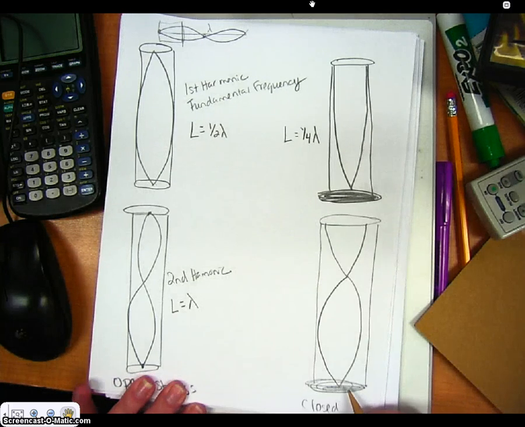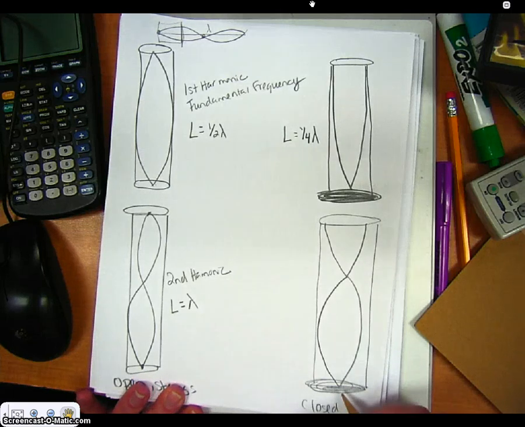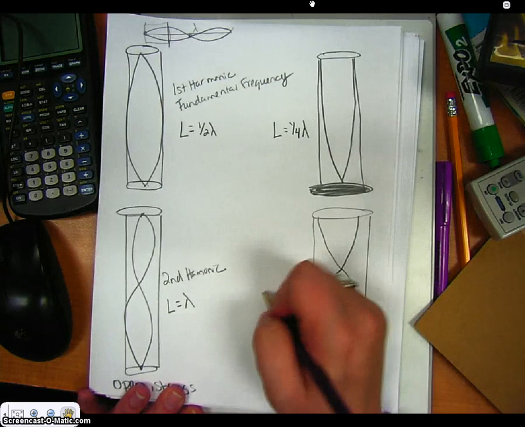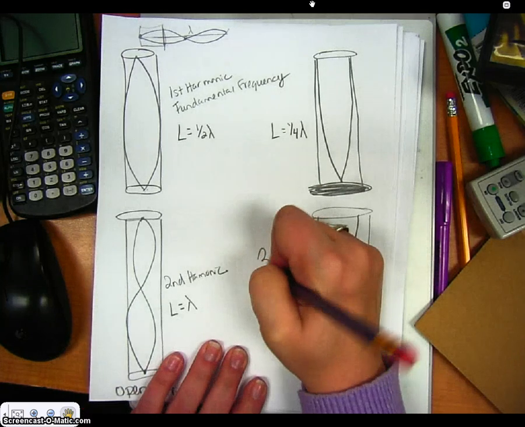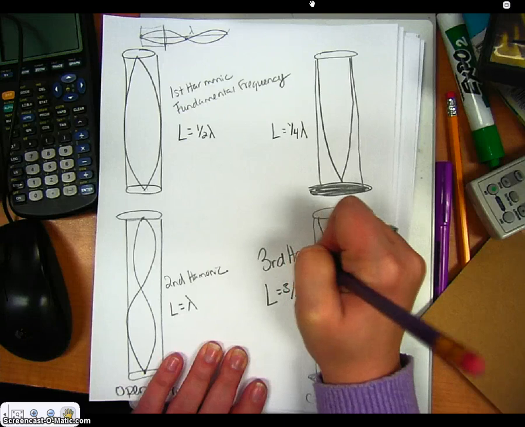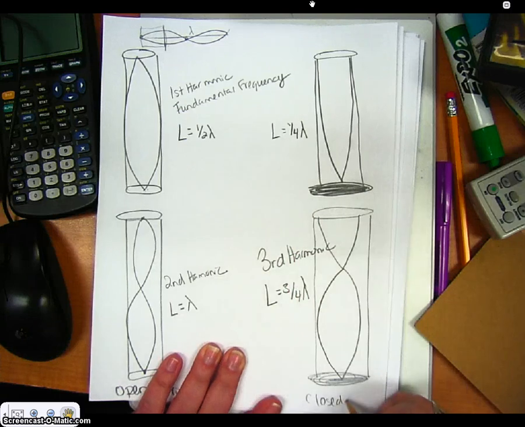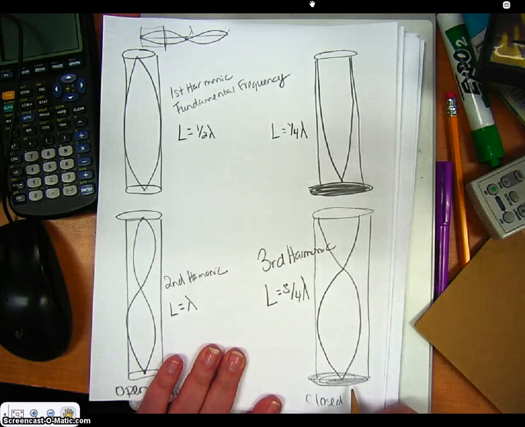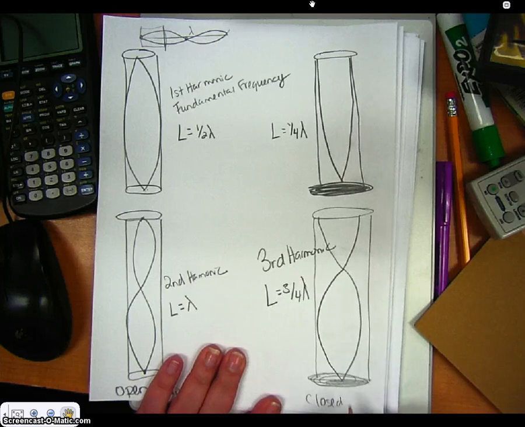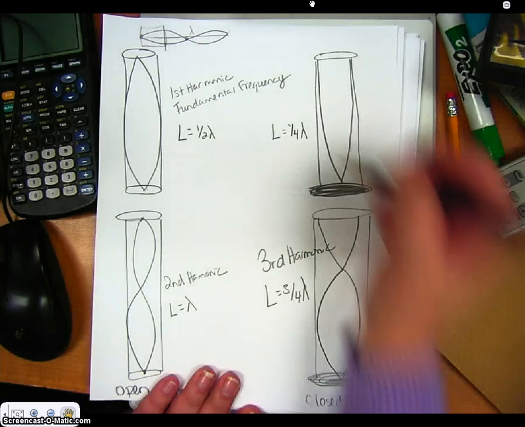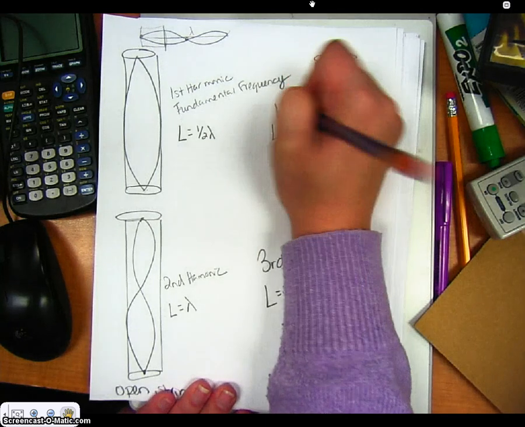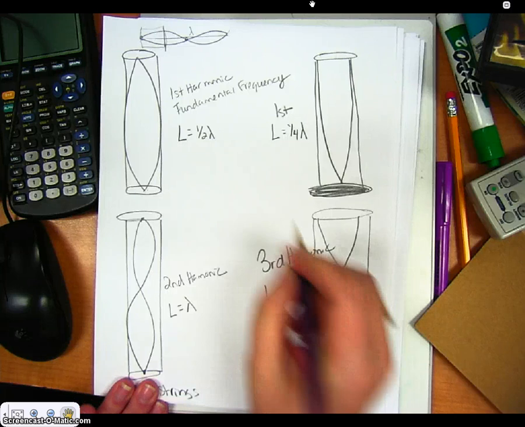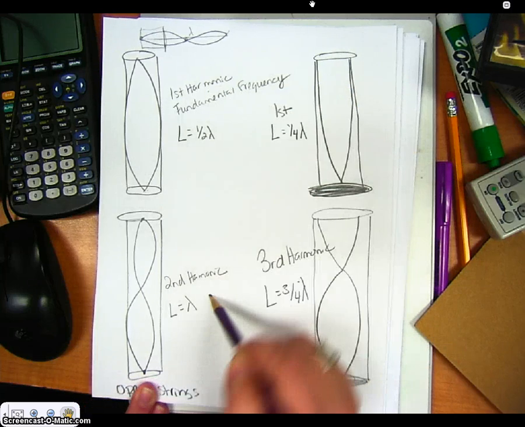Okay, so here you can see that in this case, I have 3/4 of a wavelength in there. This is actually the third harmonic. For this instance, we don't have a second harmonic because we can't fit 1/2 of a wavelength in the closed column because of the pressure. So here we go from first harmonic to third harmonic, and in the open column you go from first to second.